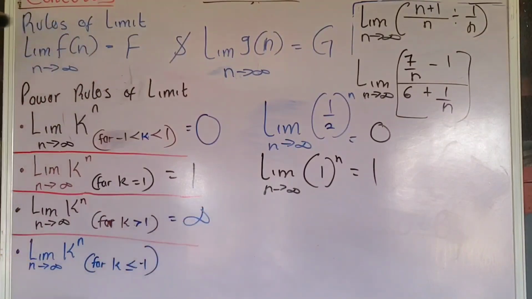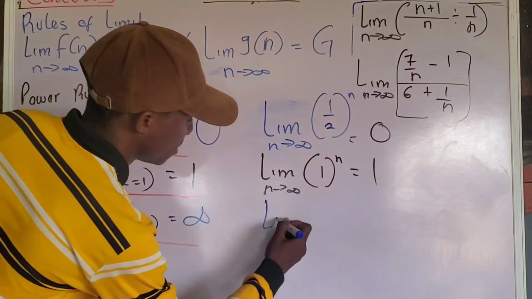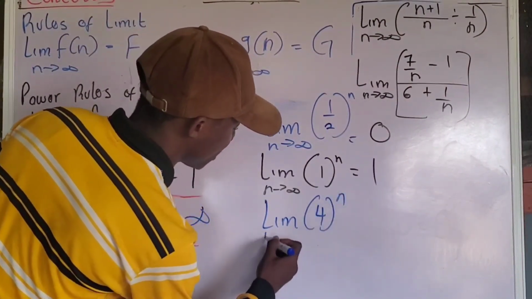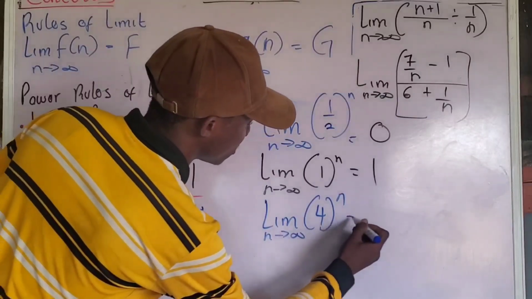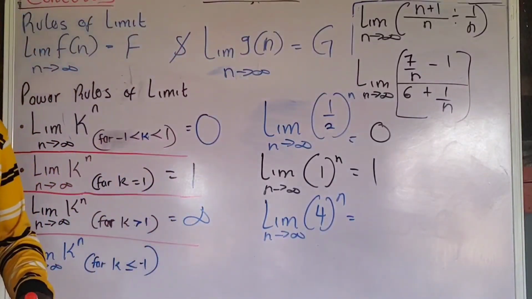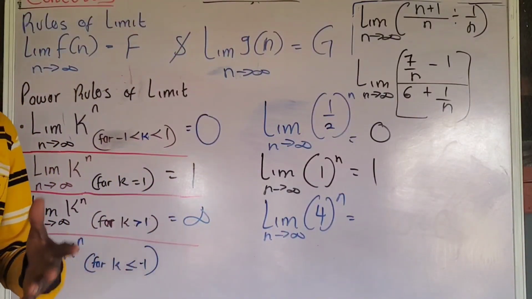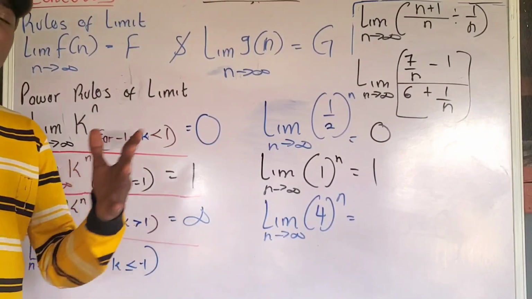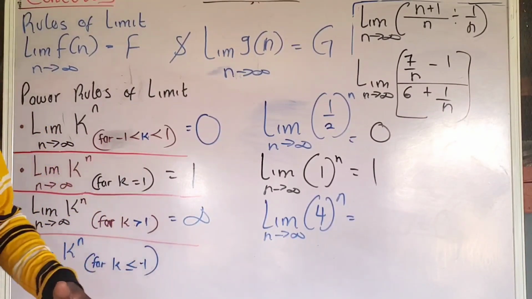The limit of such a function will be infinity, and the reason is because as n increases, you understand? For example, let's say we have the limit of 4 to the power of n as n tends to infinity. Now, because I told you that infinity does not have an actual value, you get what I'm trying to say? Infinity doesn't have an actual value, so we assume a very large value.